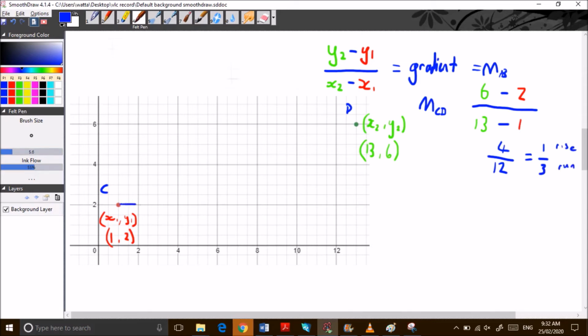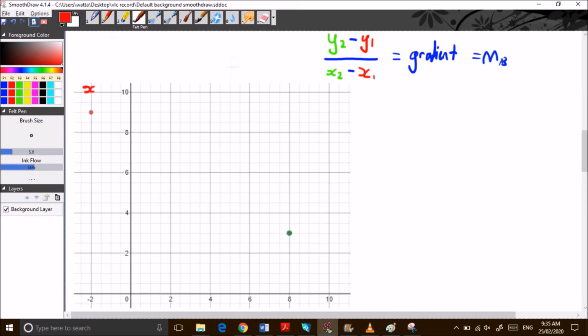This means every time we go along 3, we go up just 1. It's unnecessary to draw these little triangles across. It's just for demonstration.